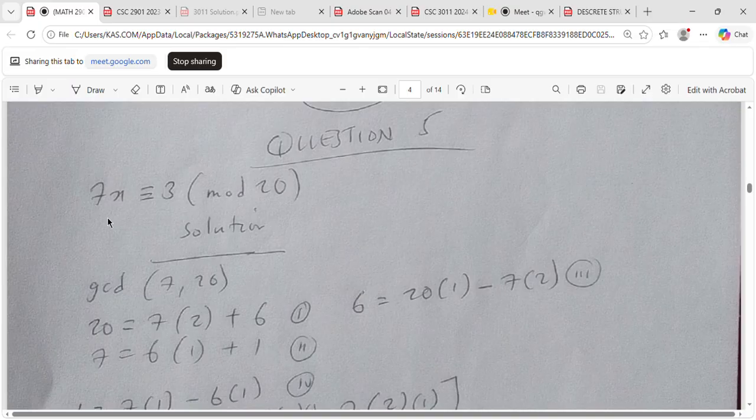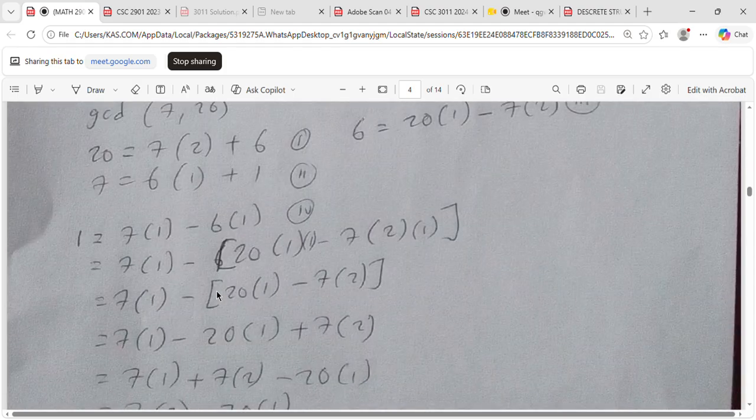So focus on the first number and the last number here. Find the GCD of 7 and 20. Don't focus on the middle. I think we know how to do this. You begin. 20 comes on the left, 7 comes here, then we divide, which will become 2 plus the remainder 6.